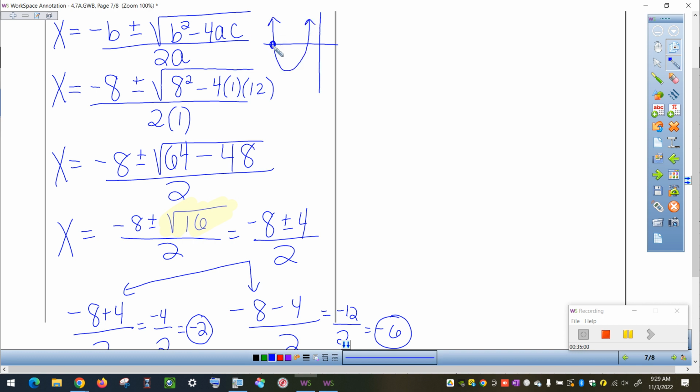And I'm going to label -6 and -2 as the answers I got. I'm going to label them in the position of where the x-intercepts are. I'll put a negative in front of the 2. That'll make that better. So that's what the quadratic formula is actually doing for us. That's what it means when we're solving and getting our solution.